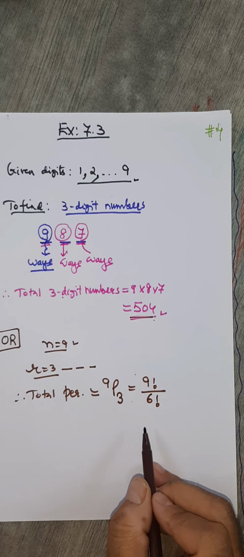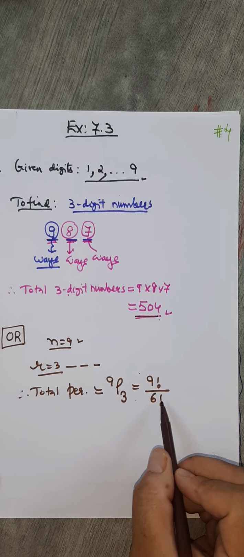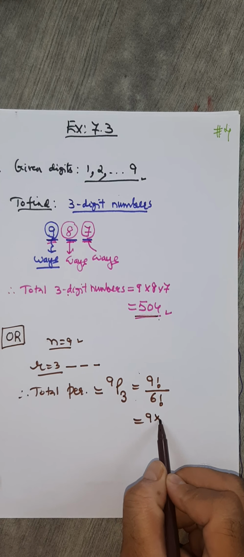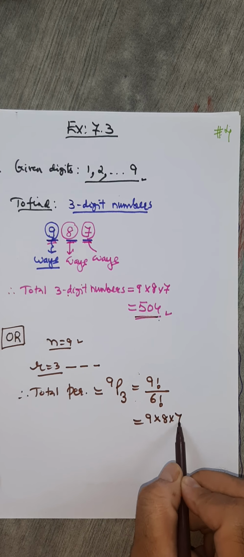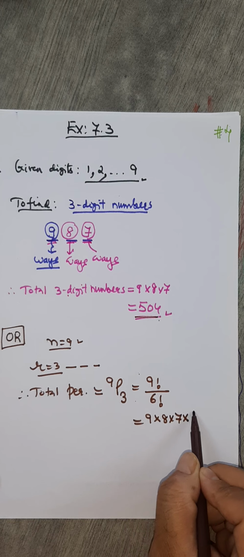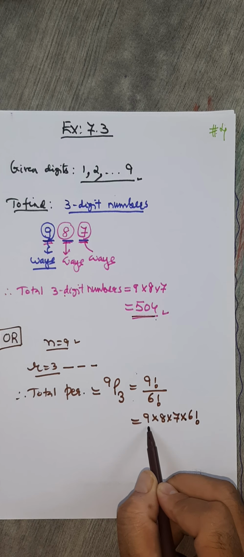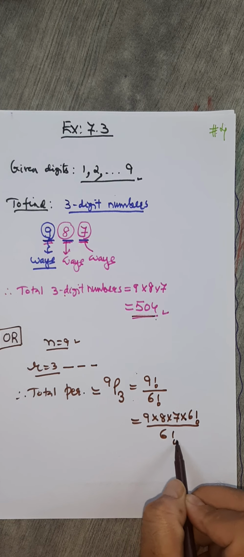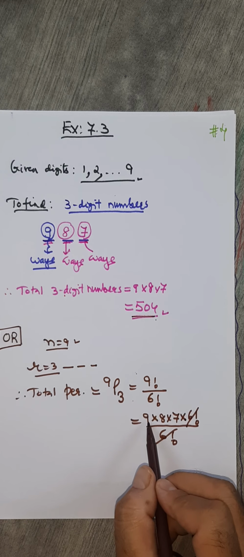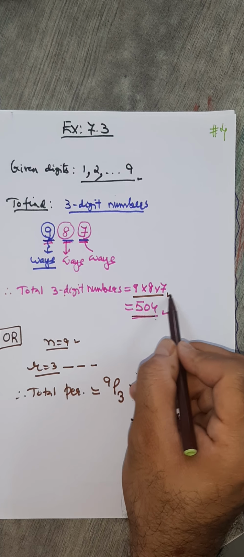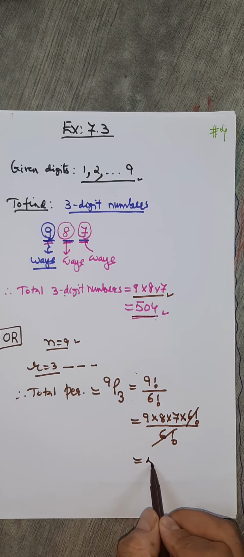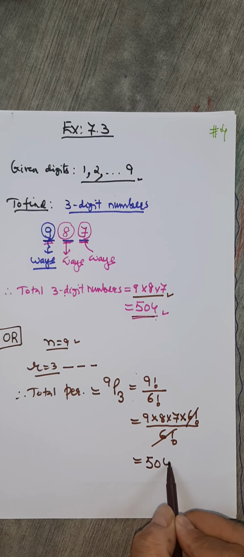What's the formula? n factorial upon n minus r factorial. What is this? 9 into 8 into 7 into 6 factorial upon 6 factorial. This will get cancelled. Now see, the same 9, 8, 7 has come. That's what you were having. So this is nothing but 504.